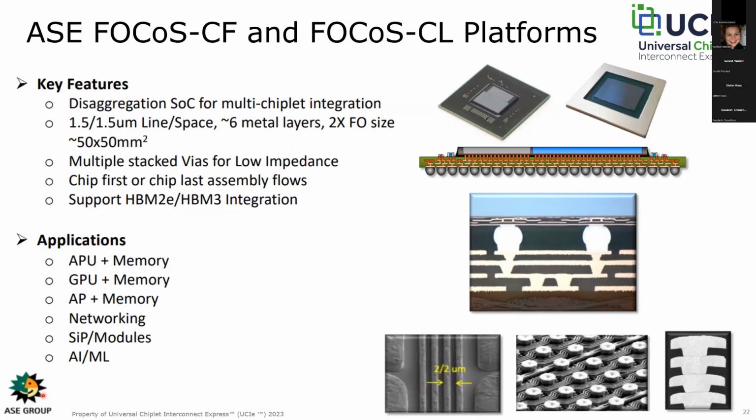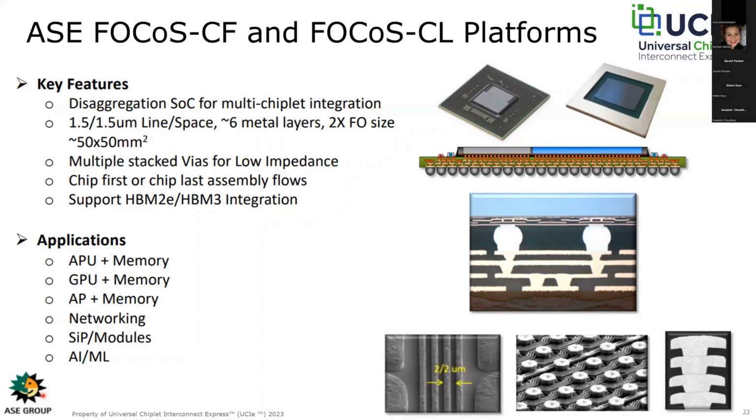This slide here shows the different flavors of the fan-out chip on substrate, the FOCoS platform. So there are two versions. There is a chip first and a chip last option. In the chip first, you first lay down the chips, and then you deposit the routing on top of that. In the chip last, you first do the interconnect, and then you connect the chips.